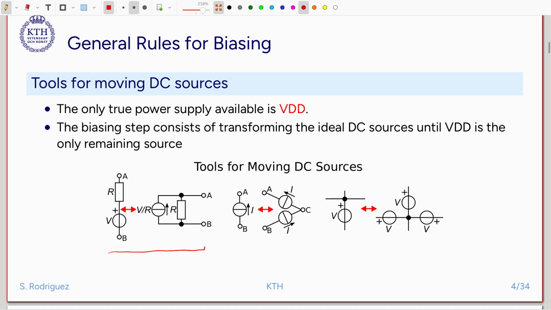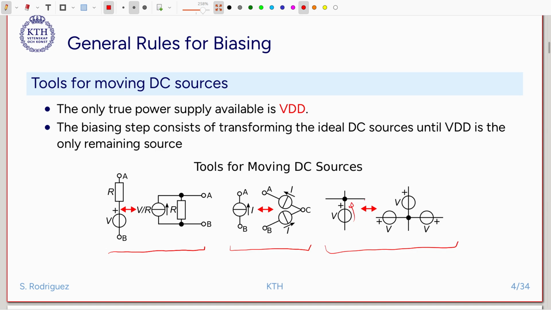Then we can also use the following transformation from a current source to two current sources. So a current source that goes from point B to A becomes a current source that goes from point B to C and another from C to A. And the last one that we're going to use is a transformation when a voltage source crosses a node.